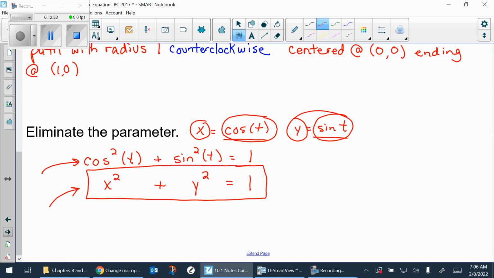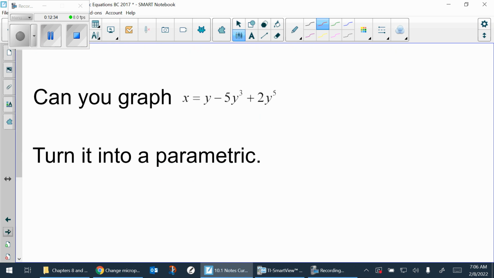All right. This guy, can you graph that? Well, no, we can't graph x equals equations. But what we can do is we can turn this into parametric. If I say, all right, now I need a pair of equations. I need an x equals, I need a y equals equation. And if I say, well, let's see, I'm going to have y equal t.